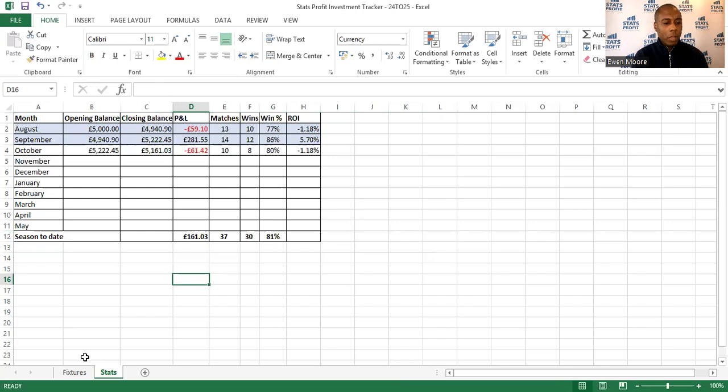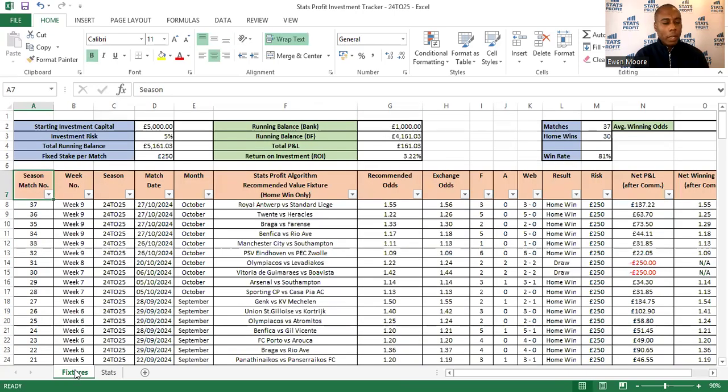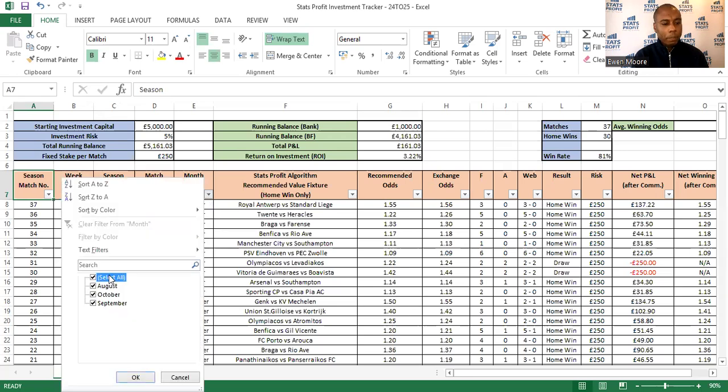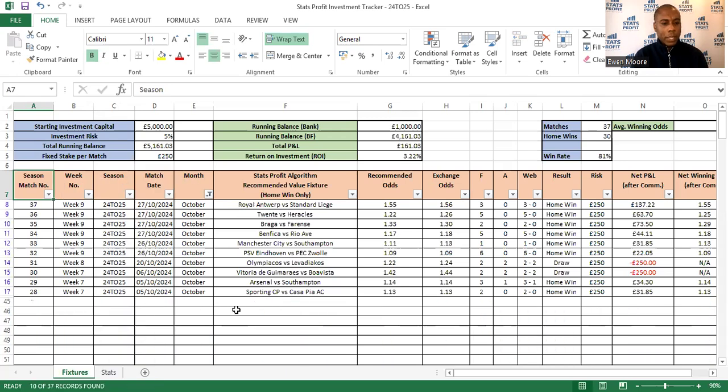So I'm going to switch over to fixtures, where you can see the detail of the exact matches. What I think we'll do now is filter to October, because that's the month we're looking at. If I take out the other months, here you will see the 10 matches.